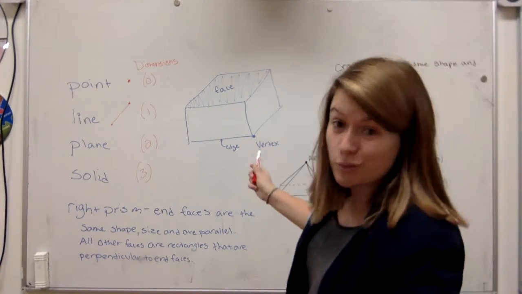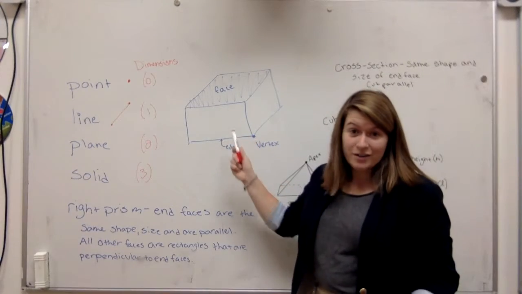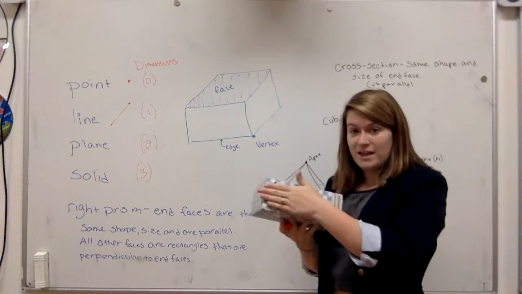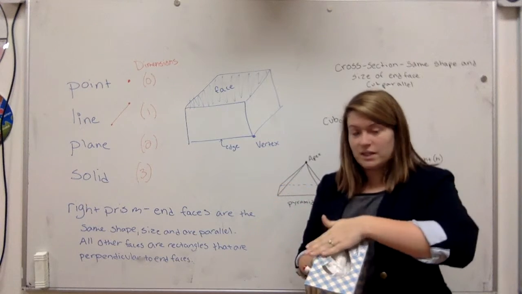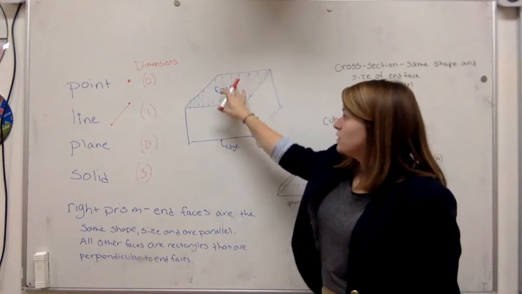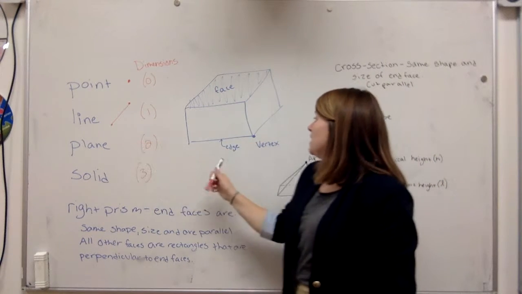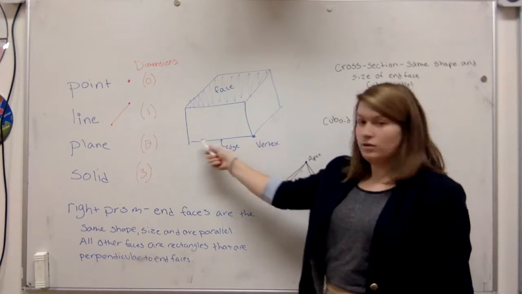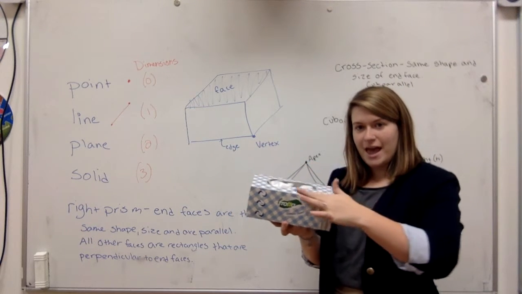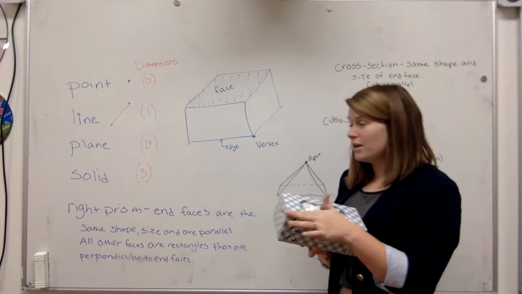I went ahead and drew this right prism here. So it's this, but drawn. We have a face. It could be a face here, it could be a face here, but it's one whole face. A face is like a plane. Then we have an edge, which is just the edge of a box where it makes that 90-degree angle.